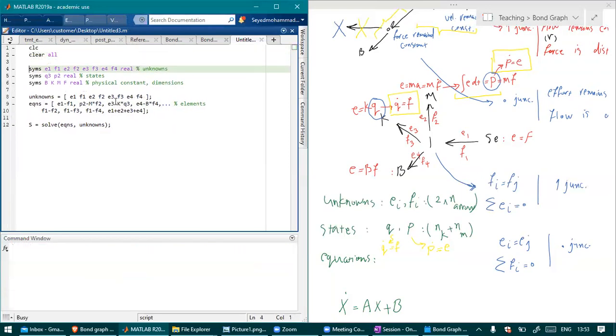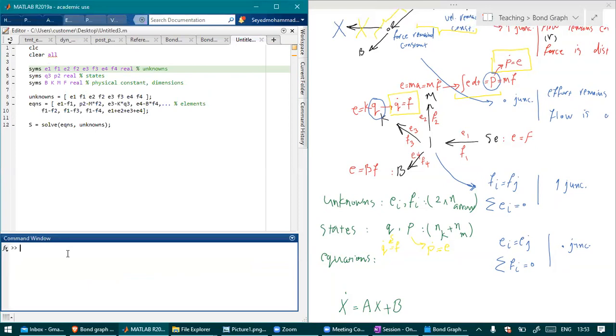Okay, it is solved. Now to get the system of equations, it basically solves for everything, so I can get S.E1 and it gives me the answer.